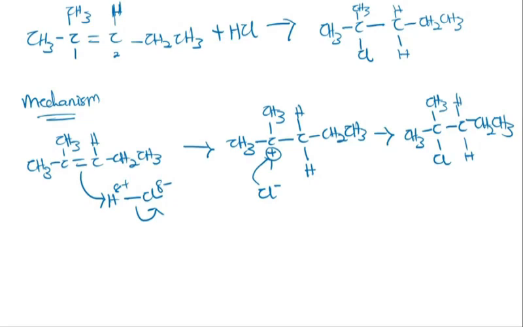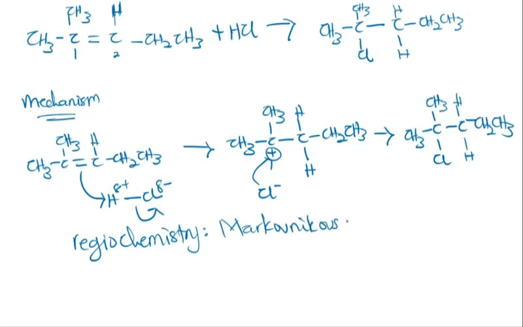And then one thing we need to know is that this reaction, in terms of regiochemistry, that is the point of attachment of the species, goes via Markovnikov addition. That is, the hydrogen goes to the less substituted carbon.